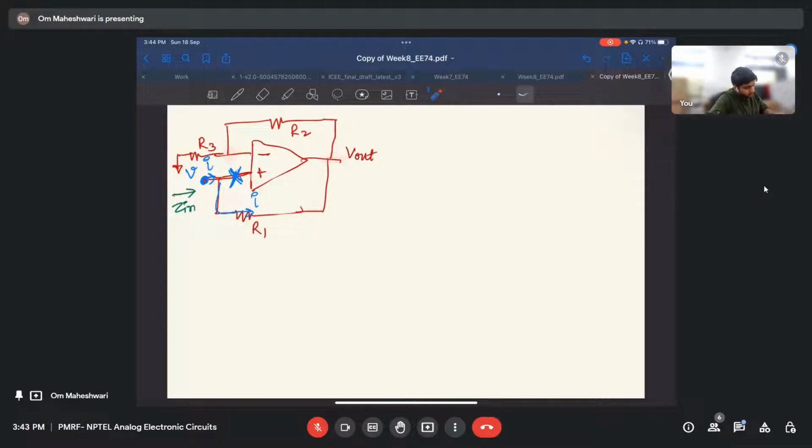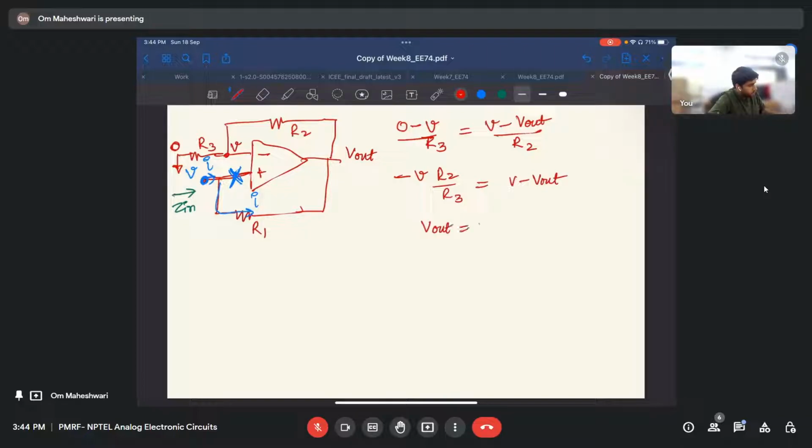If we apply KCL here, we get 0 minus V by R3, with 0 here as virtual ground, equals V minus V out by R2. So minus V R2 by R3 equals V minus V out. V out equals V times 1 plus R2 by R3.